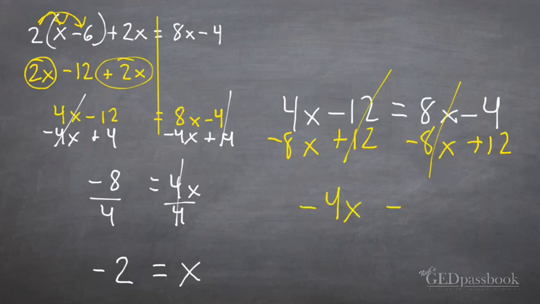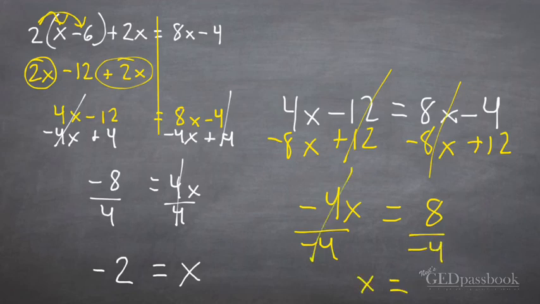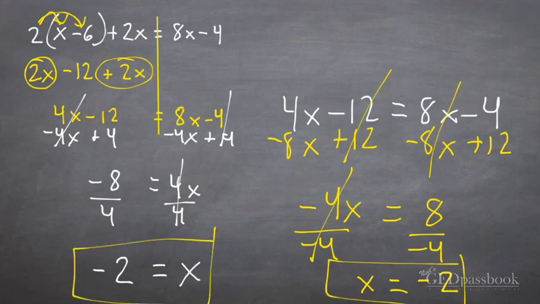Negative 4x equals negative 4 plus 12? Positive 8. What do we do here? Divide by negative 4. Cancels out, gets thrown over there, negative 4. X equals, what's 8 divided by negative 4? Negative 2. Both the same exact answers.